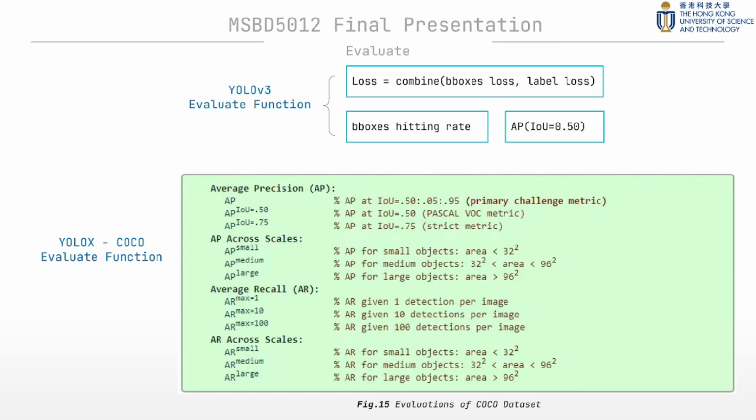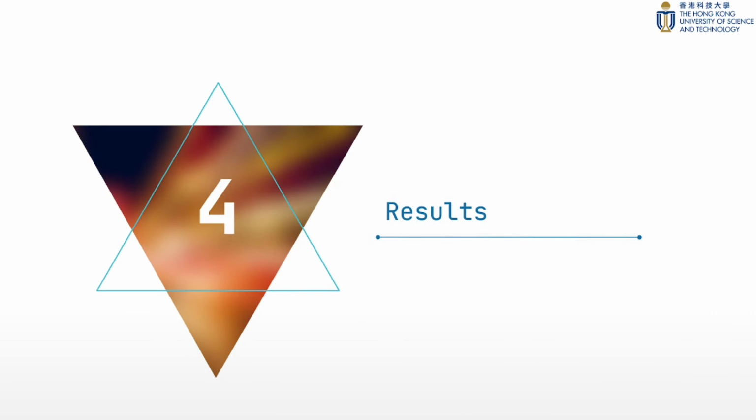For YOLOX, because we organize the images and annotations in the COCO format, we use its evaluation functions, which are more comprehensive than the evaluations made by ourselves. As shown in figure 15, COCO evaluations include 12 metrics, such as the average precision and average recall at different IoUs. And next is the fourth part, the results of these models.